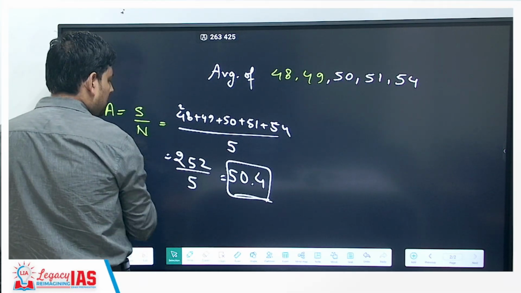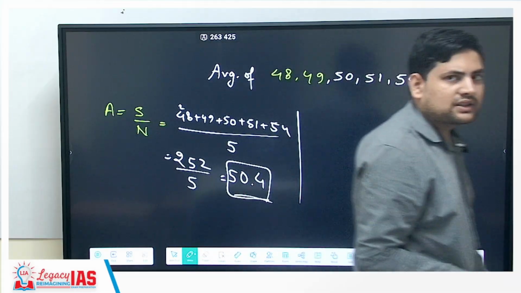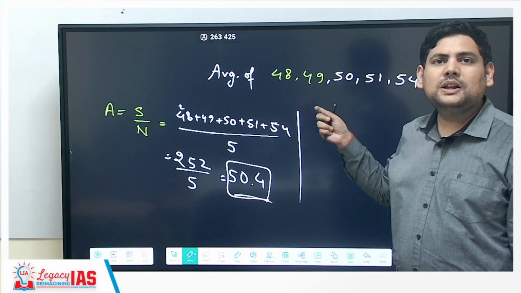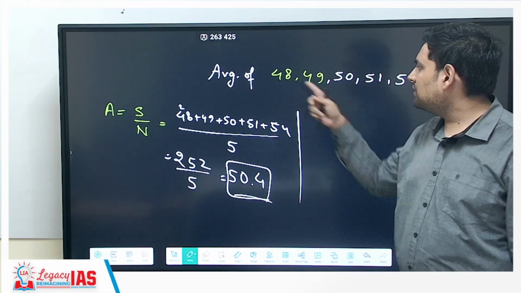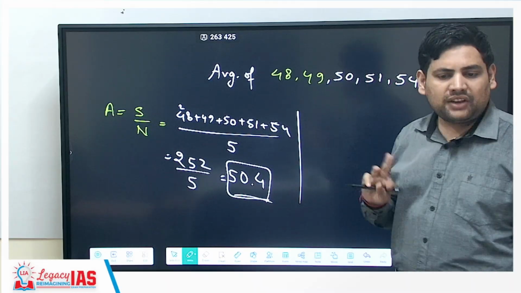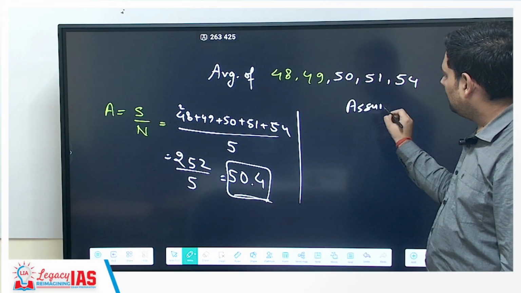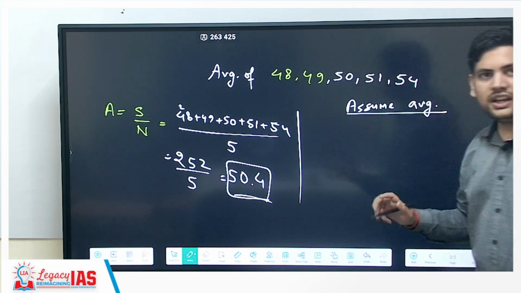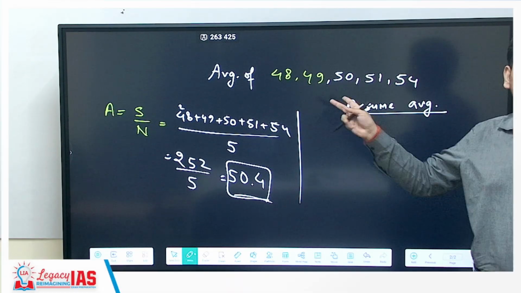Now you can do it in one more way. If there is a data set like this which follows a pattern, or involves numbers which are very close to each other, for example 48, 49, 50, then you can assume any number to be the average and write all other numbers in terms of sum or difference of that number.